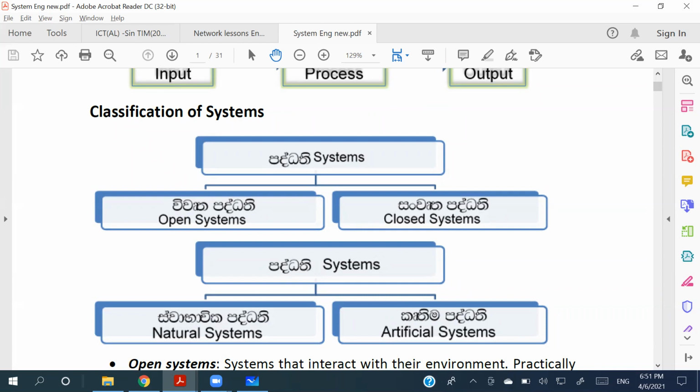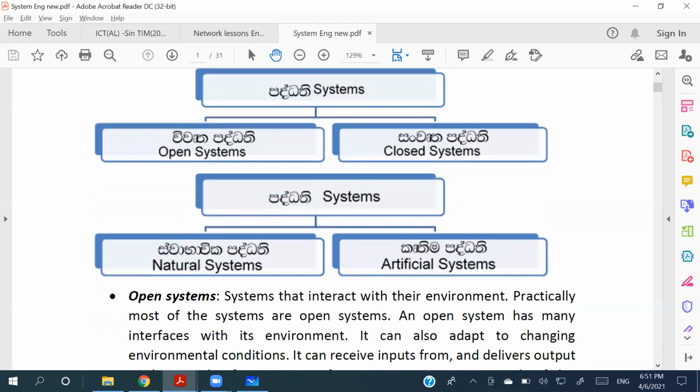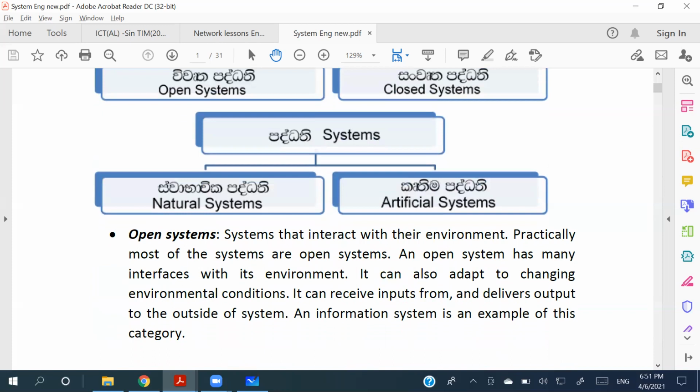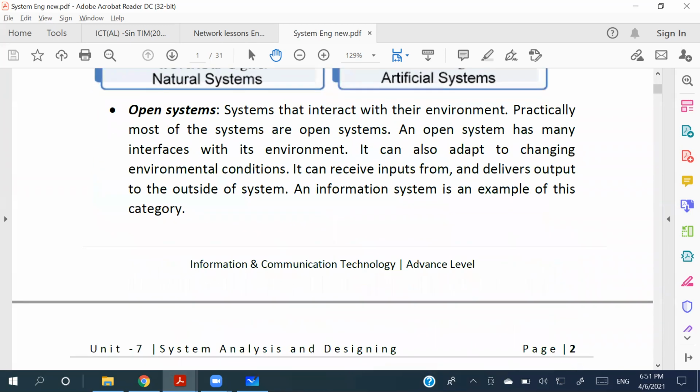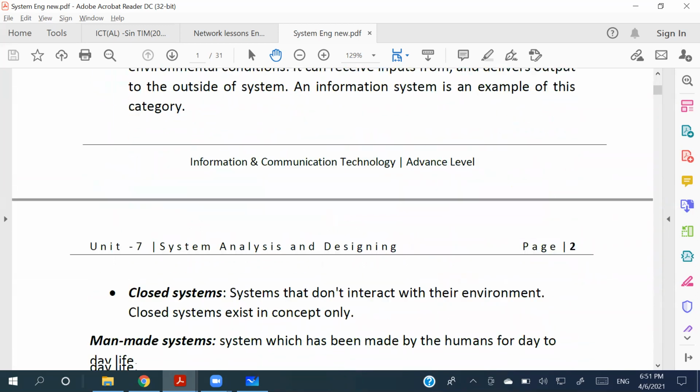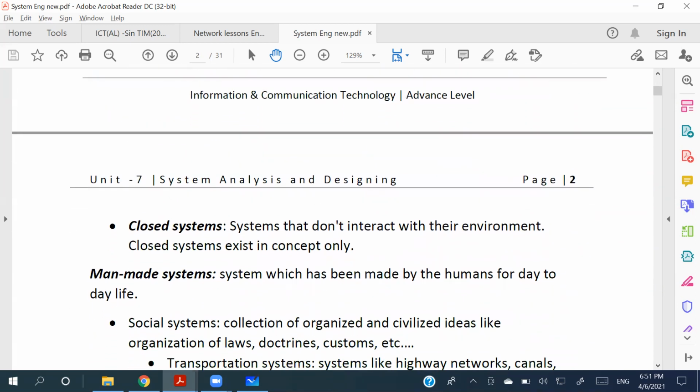Right? And it can also be divided into natural and artificial. And later you will find there are many other classifications as well. So here it defines the open system and the closed system: when interactions are there with the environment, we call it an open system. When it is not interacting with the environment, or having minimal interactions, we call it a closed system. Right?